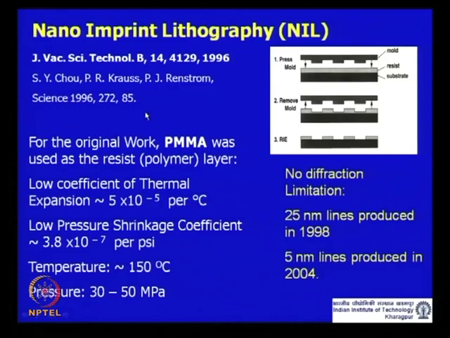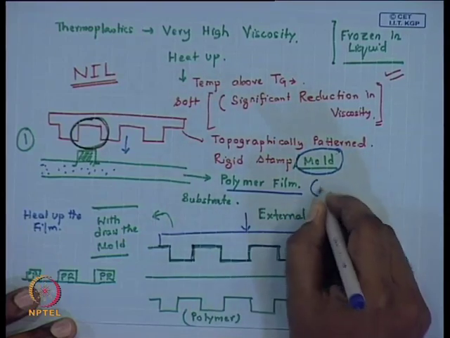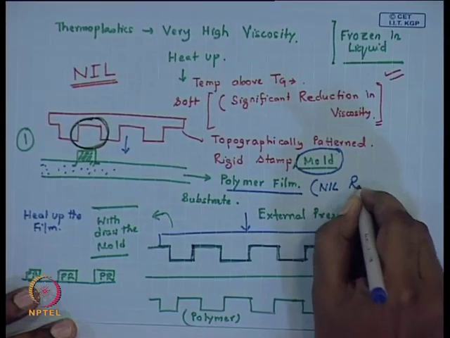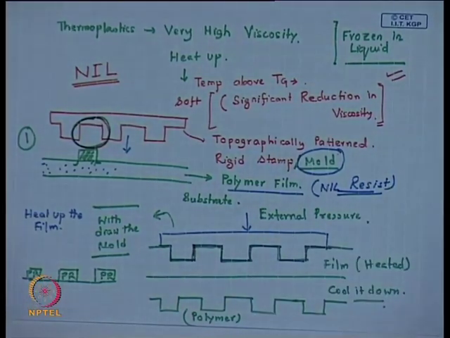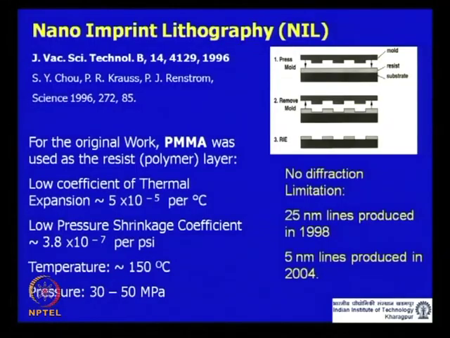One of the critical requirements of a proper NIL resist, instead of a photoresist, if we are allowed to refer to this polymer film as an NIL resist layer, since it involves thermal cycling, is that it should possess a low coefficient of thermal expansion, which is pretty low for PMMA.